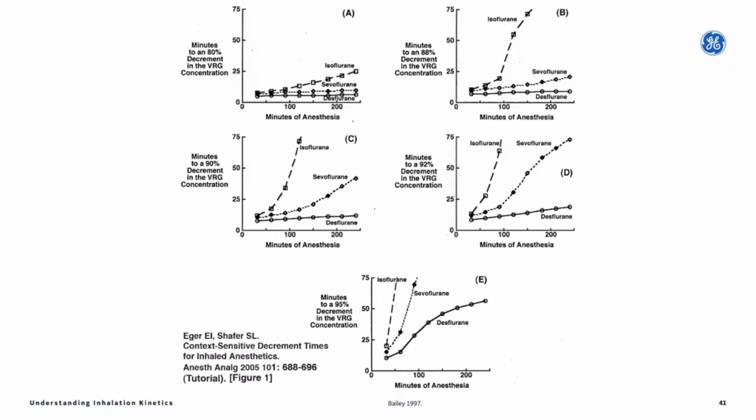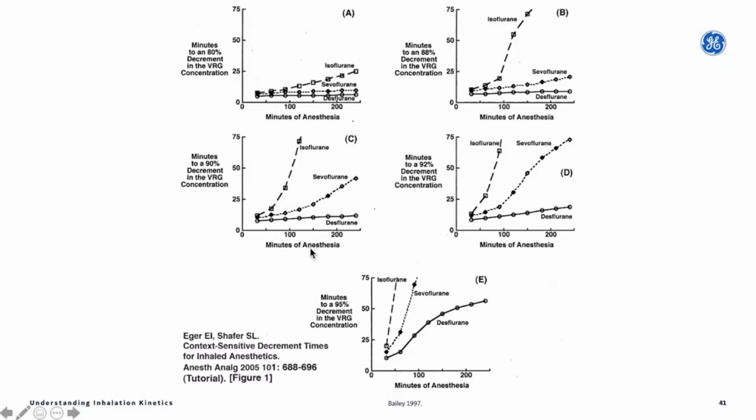If we take it to a greater degree of reduction, that is an 88% reduction, isoflurane all of a sudden takes much, much longer. If we look for a 90% reduction, sevoflurane is starting to rise on its wake-up time or its resolution time.